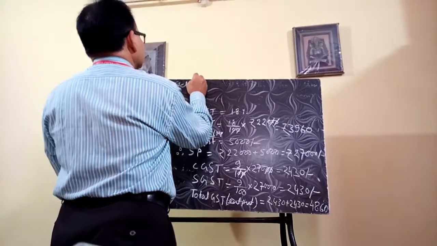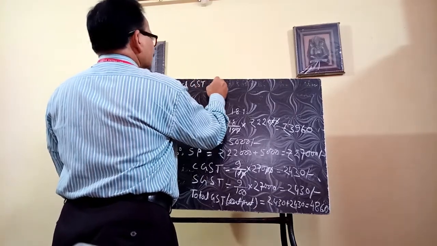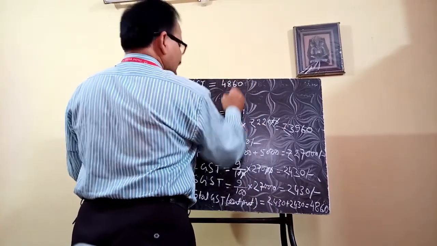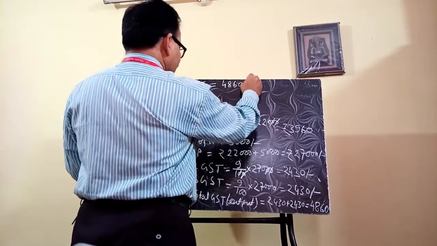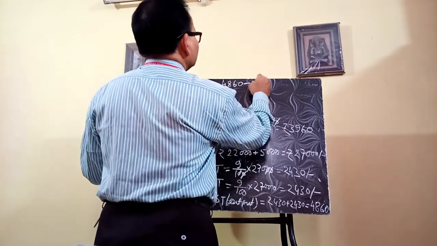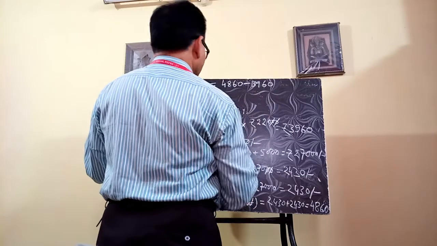So net GST, one is 4860. This is the total output GST, and the input tax credit is 3960.